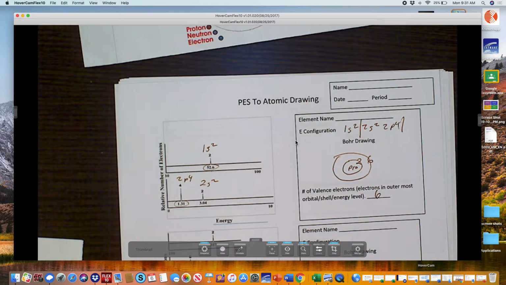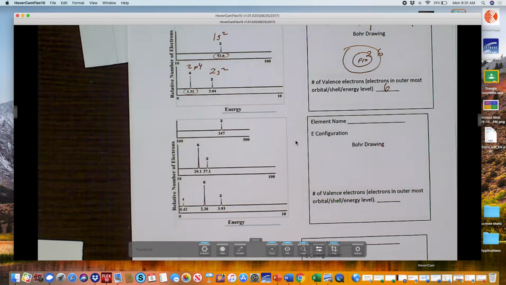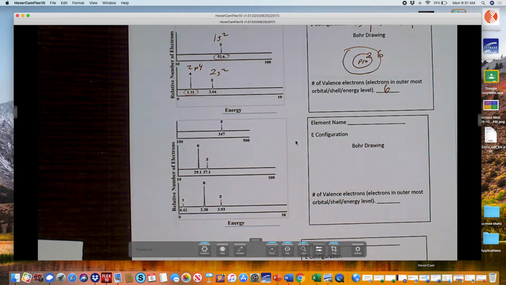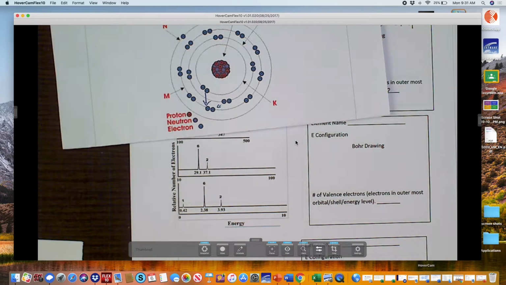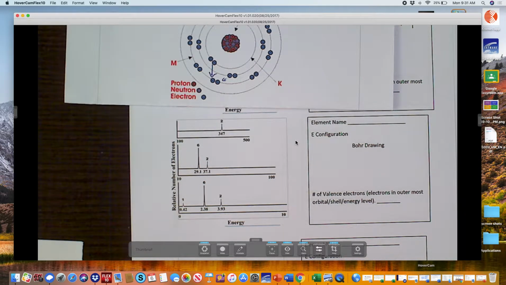I'll do one more. Why not? So once again, I'm looking for where's my 1s2. Those are my most tightly held. Coulombic attraction says if I've got a short distance, I've got no shielding of other electrons. Then I have my 1s2. Now this is a 0.42.